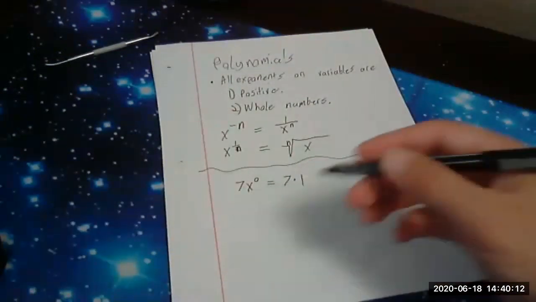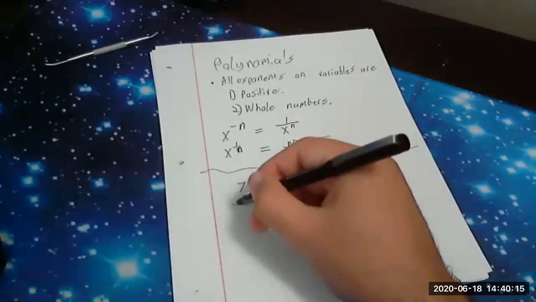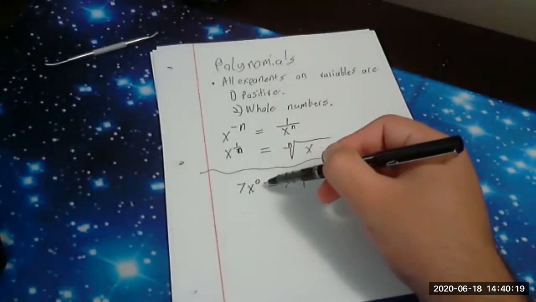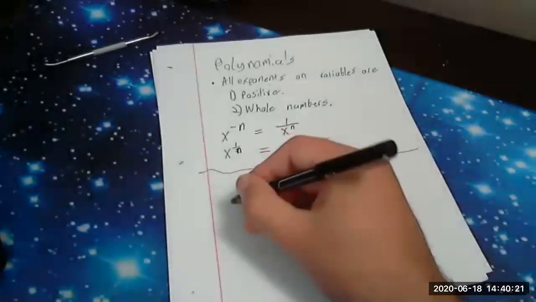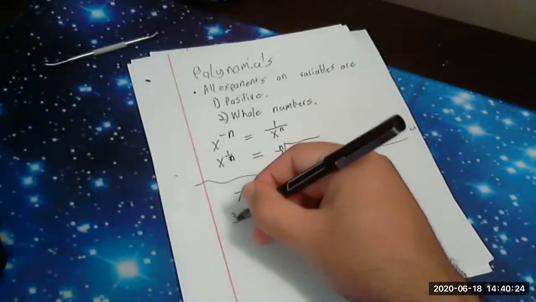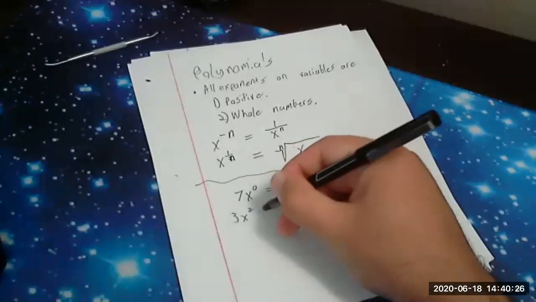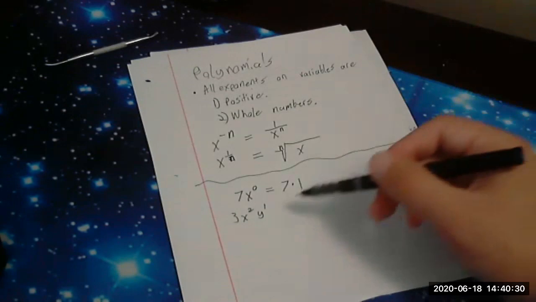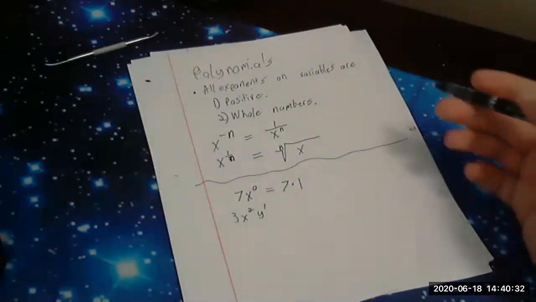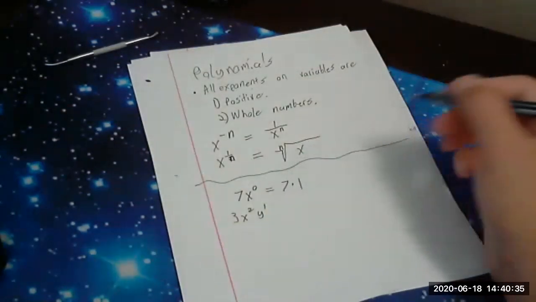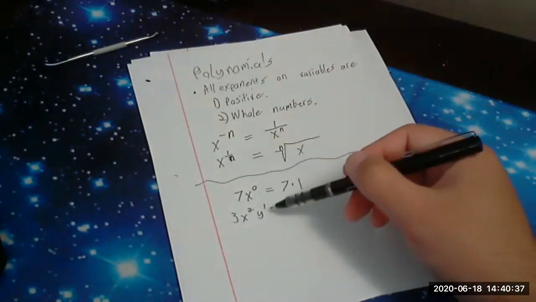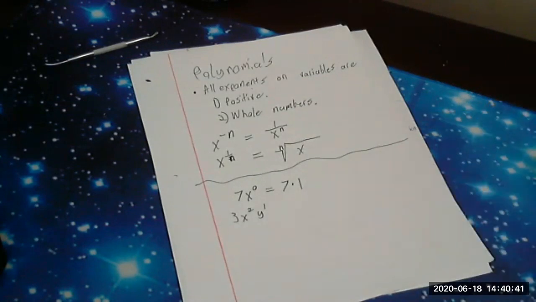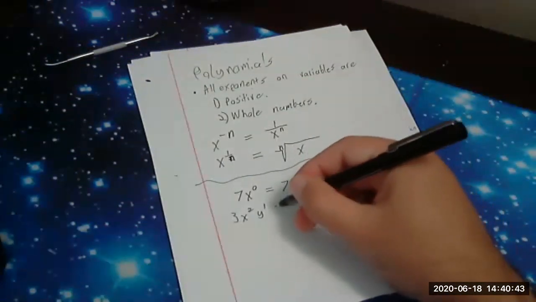So you can build these polynomials up by just attaching different numbers and variables together. So you could have, I don't know, 3x squared y to the 1st or something. That's a polynomial. You can also add a polynomial to another one, and it is just a new different polynomial.